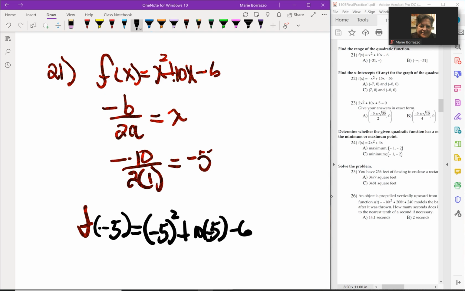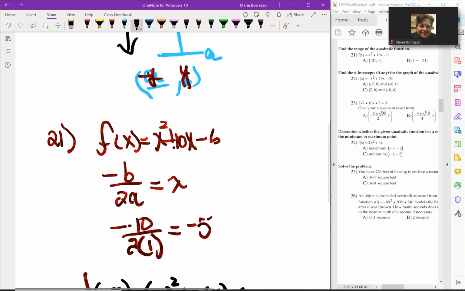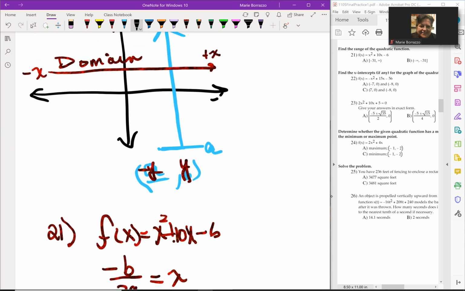In solving this, I'm going to get 25 minus 50 minus 6, and this is going to give me negative 25 minus 6, which is negative 31. So if I'm graphing this, I'm looking at negative 31 as a y value, the bottom or the lowest part of this.